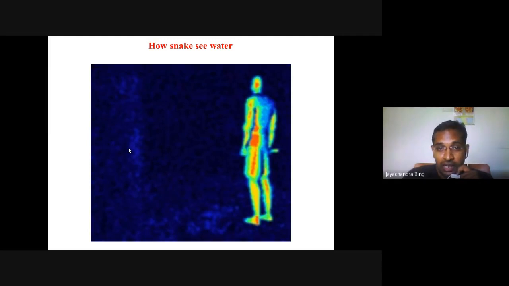That means natural sensing systems are not only surface based, it is also about what is happening inside, the analysis. Based on those capabilities, they are able to hunt and find the prey. Even small movements of the prey they are able to capture and go on target. So that is about another kind of natural sensing system.